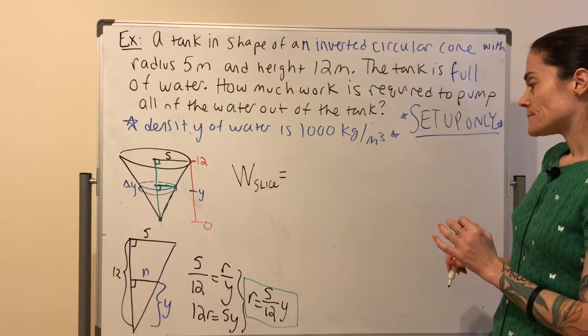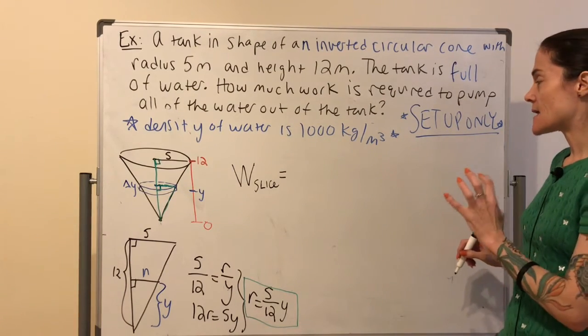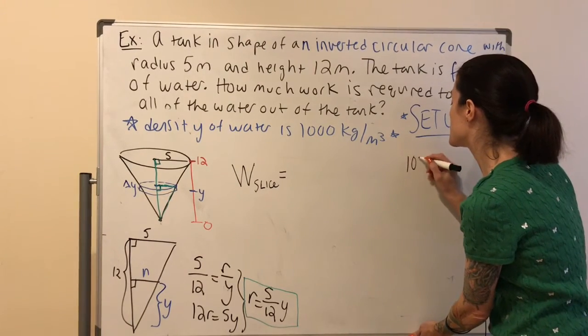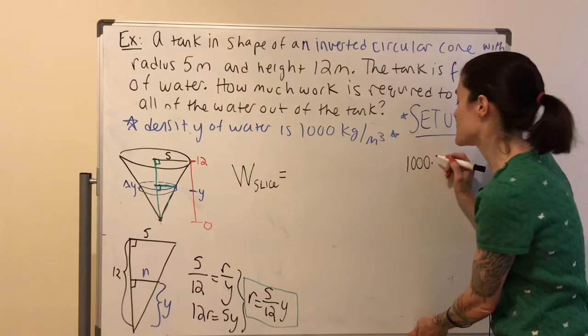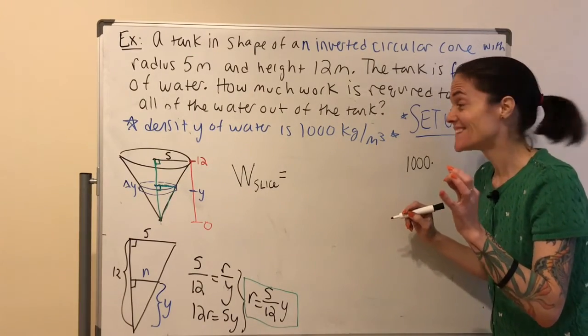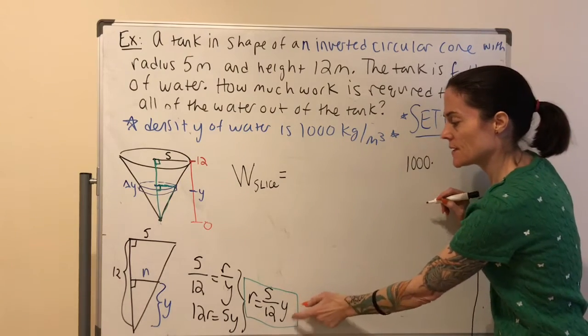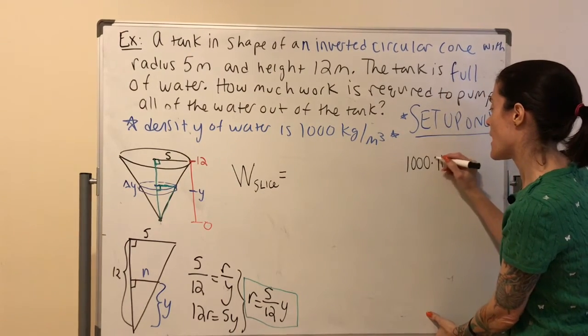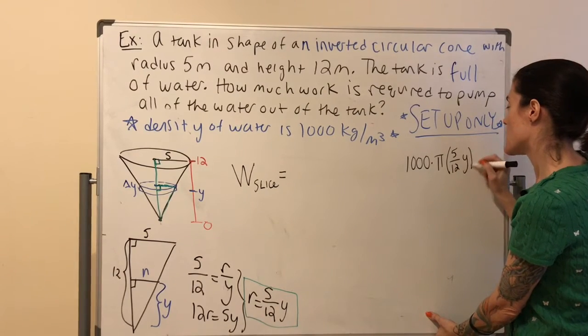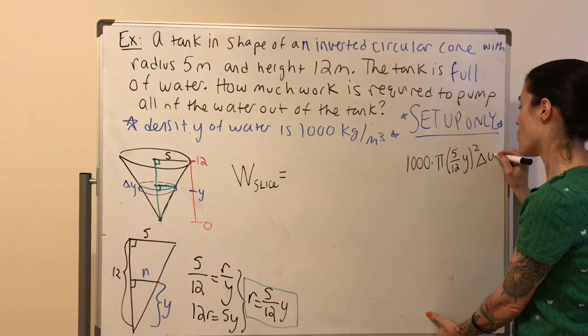Okay, well, let's start back exactly as we did. We need density times volume. The volume here is still pi r squared delta y, but here is our radius. So we have pi times 5 over 12 y, squared, delta y.